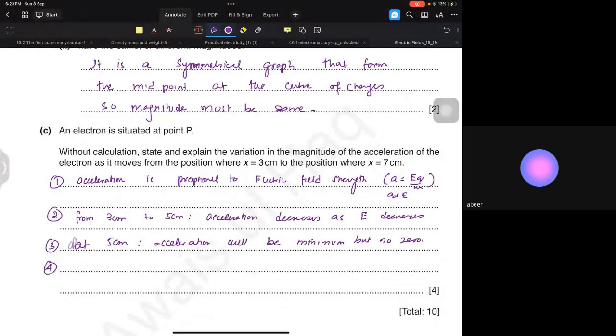Number 4, from 5 centimeter to 7 centimeter, I'm going to say acceleration increases as E increases. So that would give you a full 4 mark credit for this question. Okay, kids.